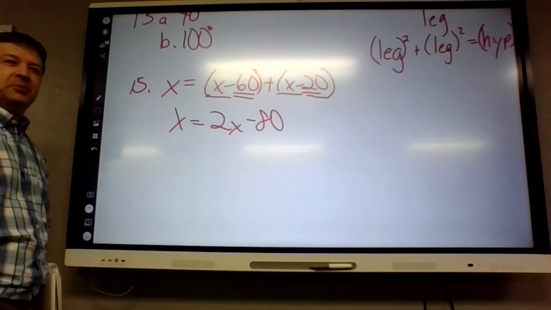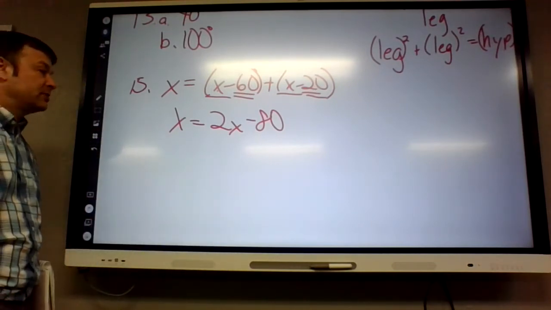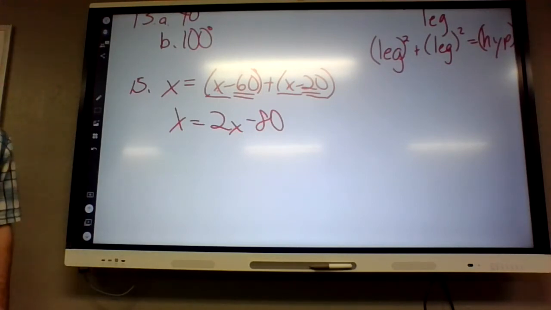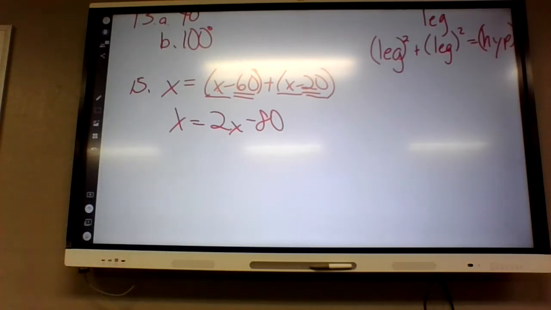By the way, I was a little bit disappointed on our algebra number on the test. A lot of you put negative 18 minus 4 was negative 14 or something like that.